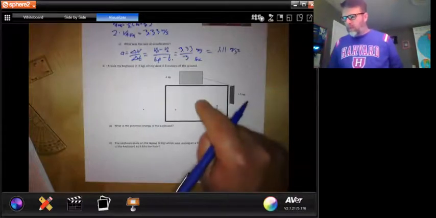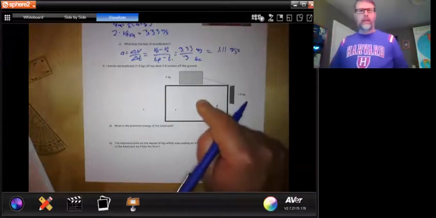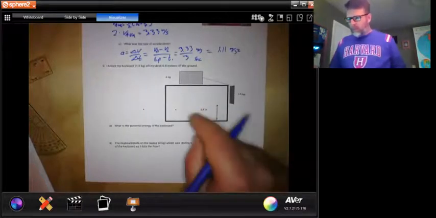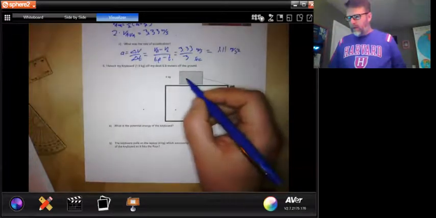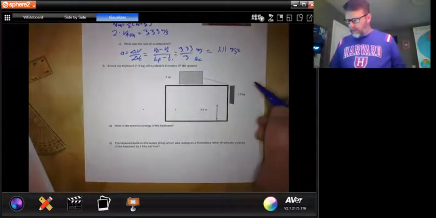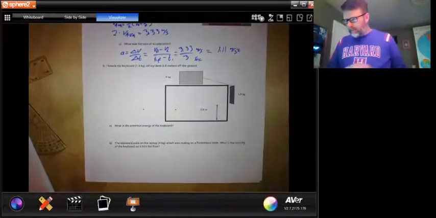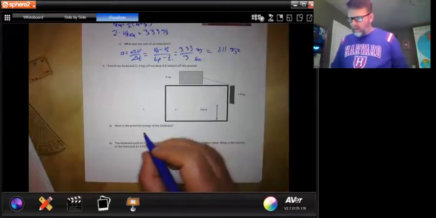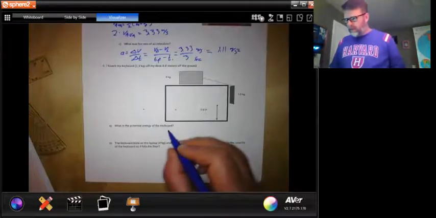All right, now we get to what should look like an Atwood machine here. We have a keyboard and, what did I say this was? A laptop computer. What is the potential energy of the keyboard?